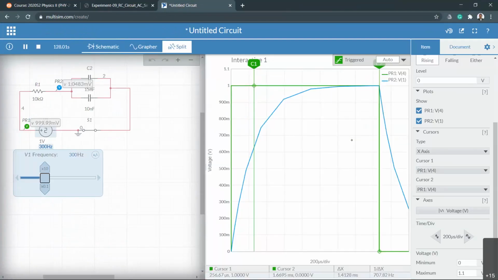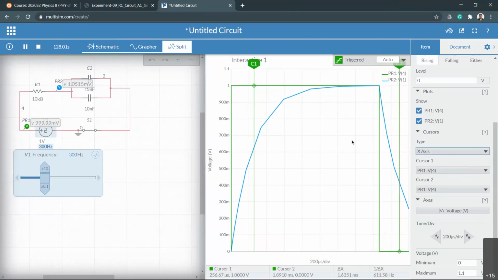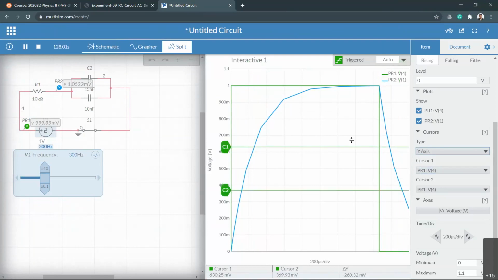Okay, then let's do the time constant for discharging, right? So for the discharging, we're expecting 37% of voltage right here. So I need to readjust cursor number 2. Should be about like 2/3 after the first segment.